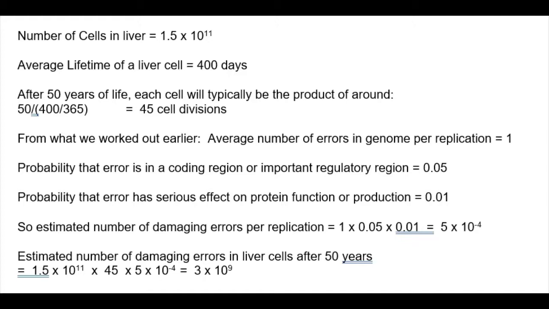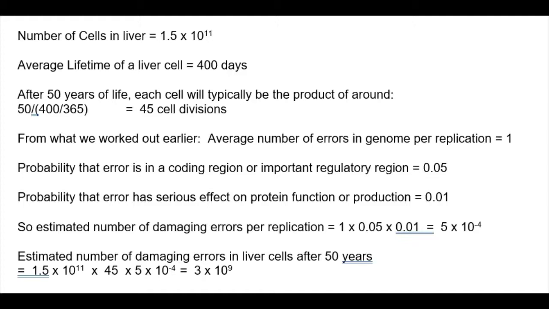But we've seen that because the coding region of the genome is only about 1%, and even if we take account of regulatory regions associated with the genes, we could estimate that probably no more than about 5% is really crucial for regulation.